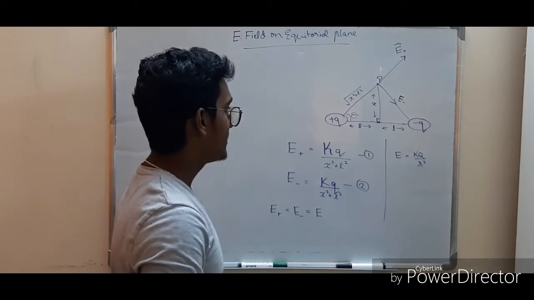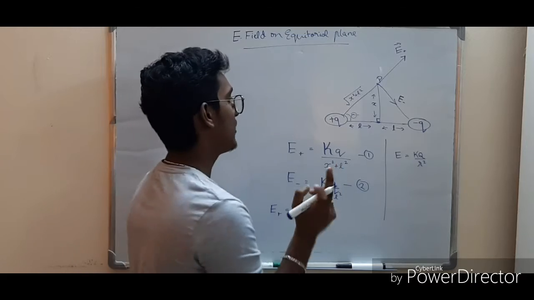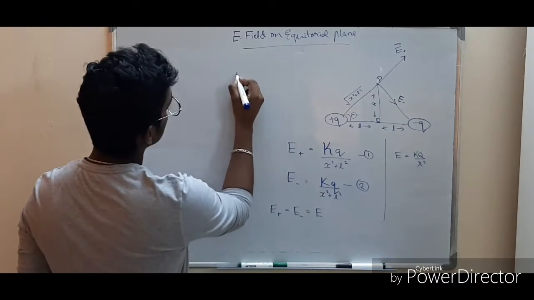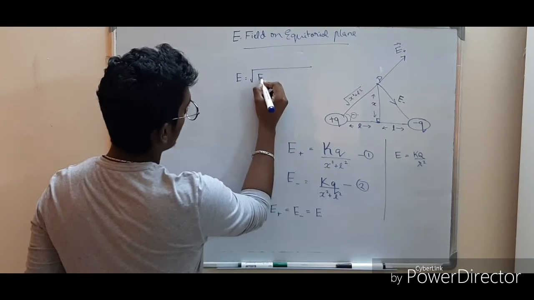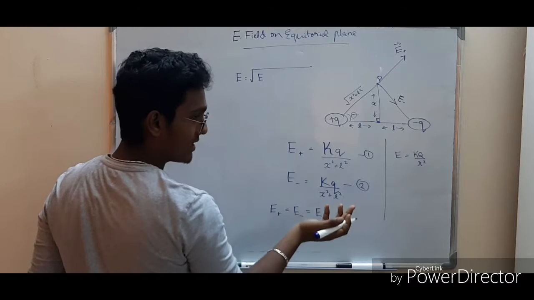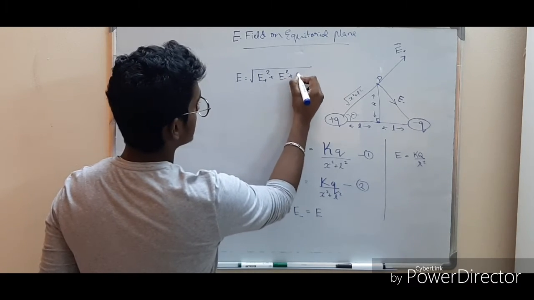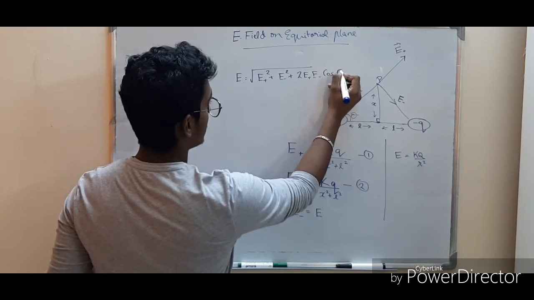So now let's go ahead with the resultant vectors formula. Since we have the individual vectors, now we know the formula for the resultant vector, which is the square root of E plus square plus E minus square plus 2 E plus E minus cos phi.